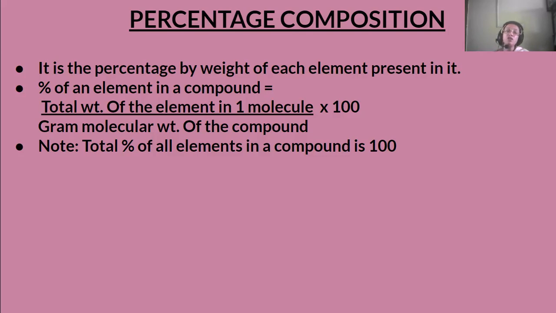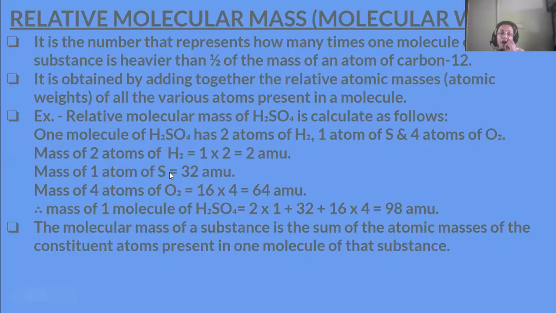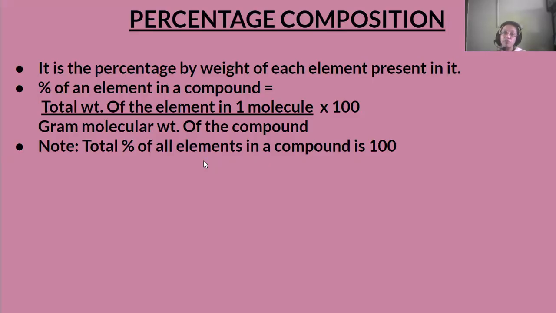Okay, see, total weight of the element in one molecule. One molecule has how much weight? Like this, see, in the previous slide, we take hydrogen. So hydrogen has 2 atoms, but the weight of one atom is 1. Okay, so the total weight of the element in one molecule, divided by the gram molecular weight of the total compound.